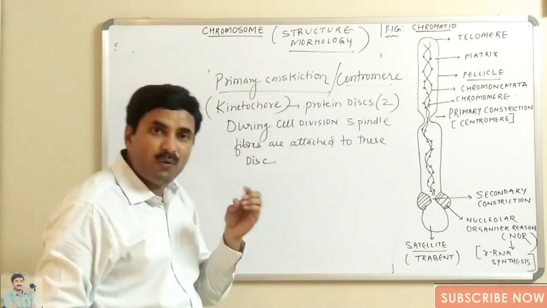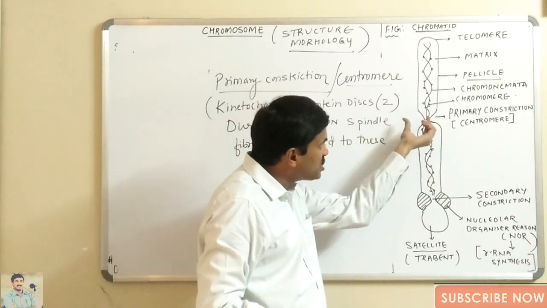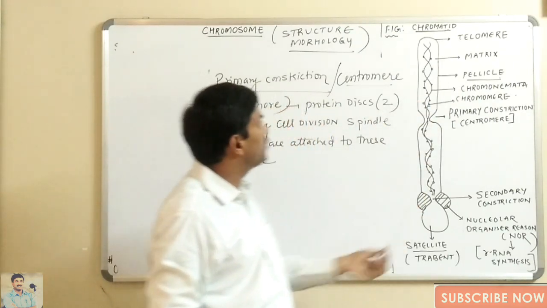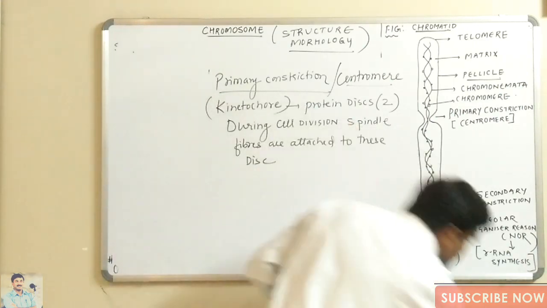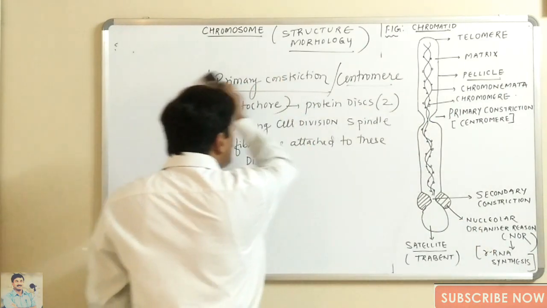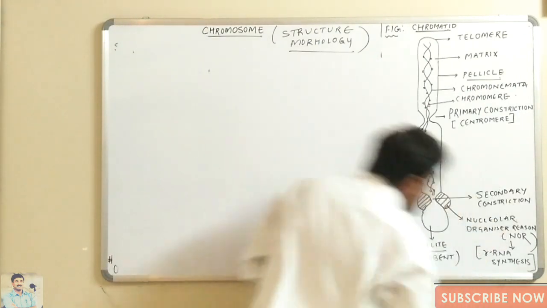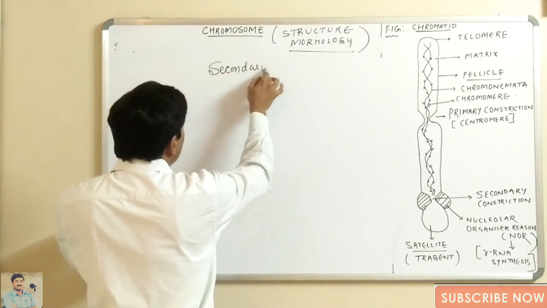Primary constriction. Why is this part called primary constriction? Because this part is a little bit shrunk part of the chromosome, right? It is a little bit constricted part of the chromosome, and hence it is called as what? The primary constriction.